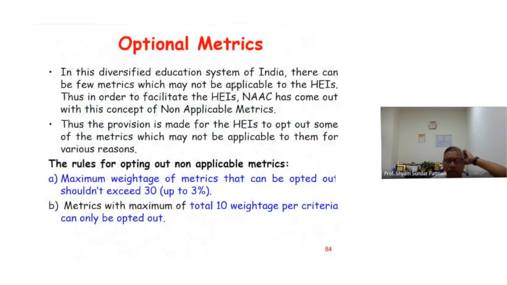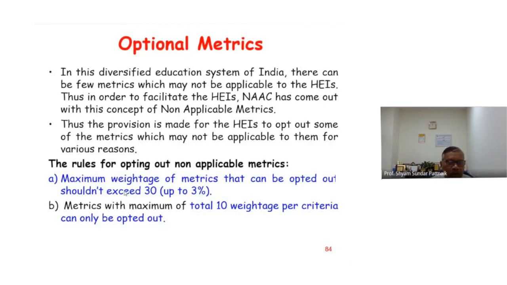Now I would discuss the optional metrics. Actually, you can also opt out of some of the total metrics. Certain metrics may not be applicable to you. These are the not applicable metrics I was telling you about. Up to 3% you can opt out, because many fields will be matching you, but the fields which are not directly matching, you have absolutely nothing there.